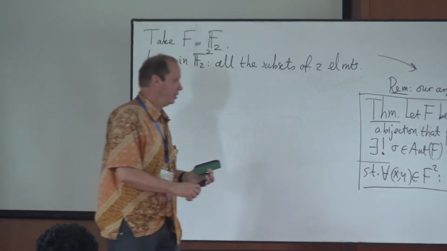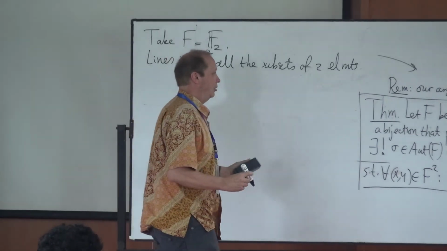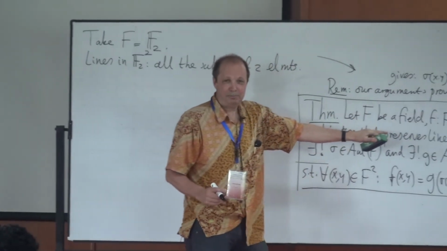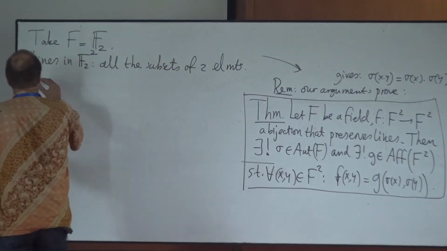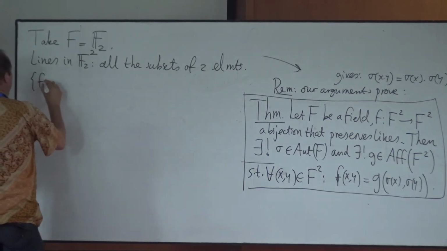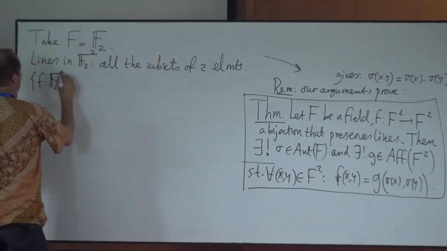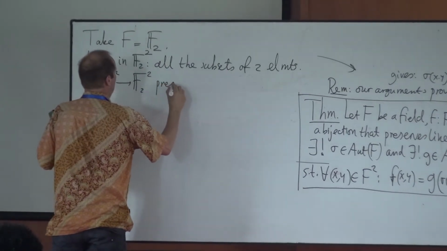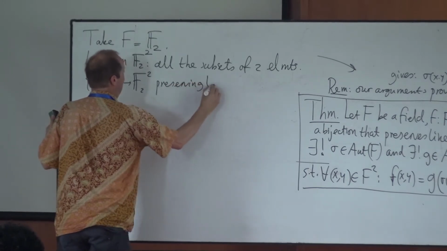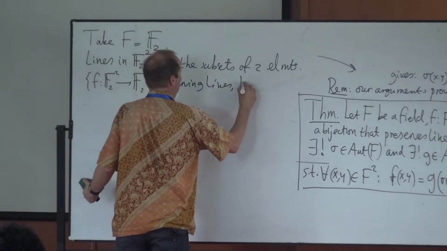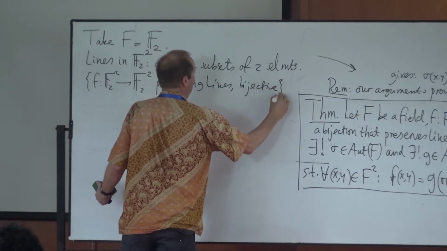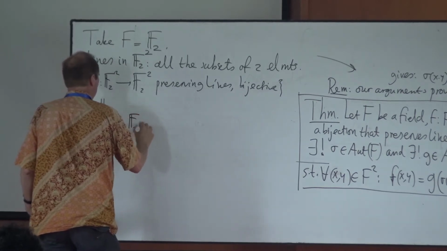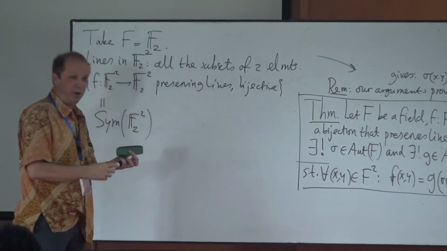So the theorem says that the set of these f's that I consider, the f from F2 squared to F2 squared that preserve lines and are bijective, that set is the set Sym of F2 squared. All the bijections are okay.